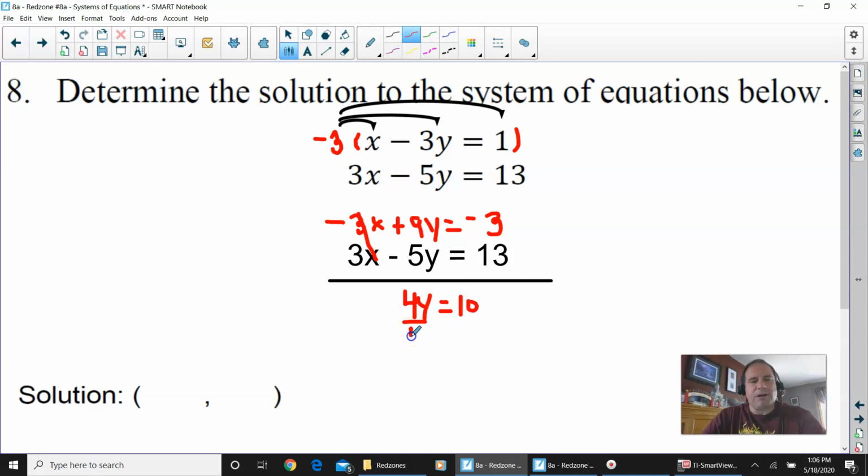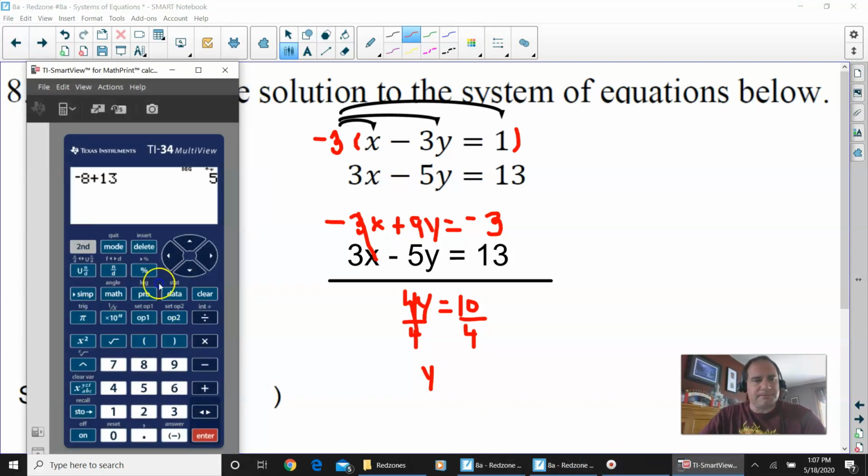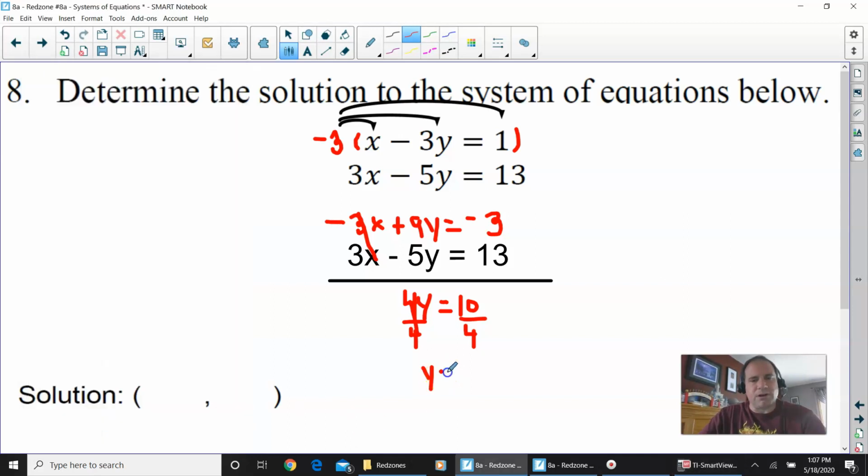To solve for y, I divide by 4 on both sides, and I am going to use my calculator to get the y equals. I'm going to use that calculator because I don't want to make a mistake. 10 divided by 4 is 2.5, and that's what y equals, that 2.5.